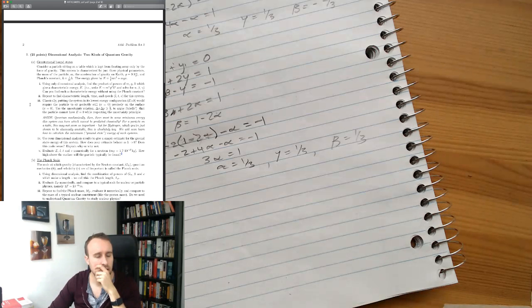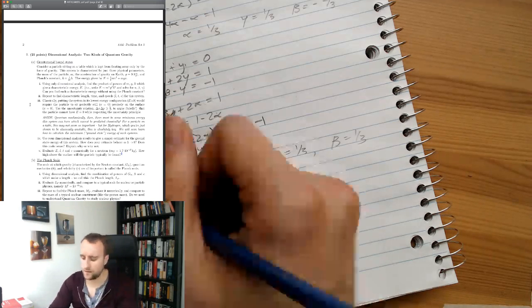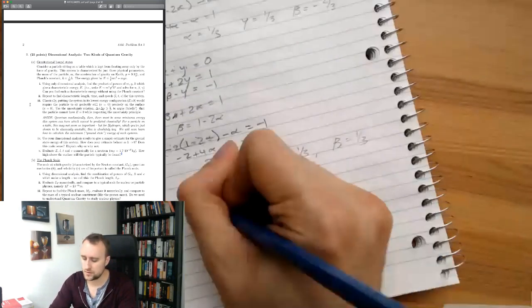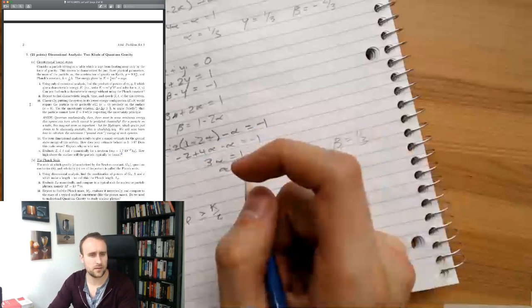How do they want me to show this? That's the question I have, because I think that's obviously the case that if we have delta X, delta P greater than or equal to H bar over 2, well then X can't be definitely 0, right?